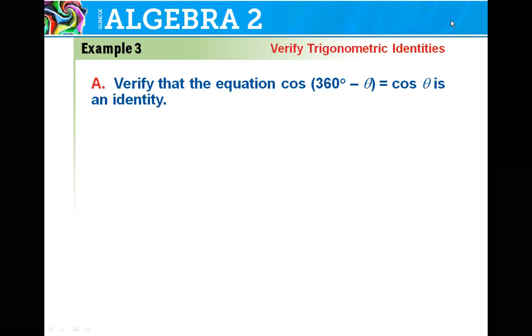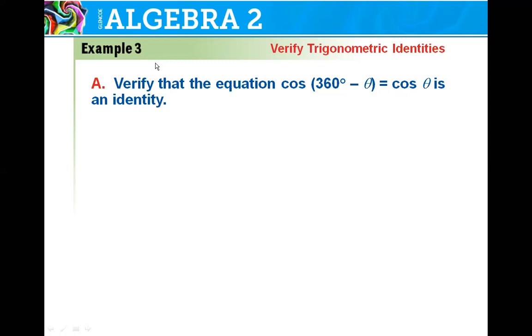If we want to verify this, I need to prove that the left-hand side is equal to the right-hand side. So I need to prove the equality between the two sides of the identity we have. So we start with the first side, the left-hand side.